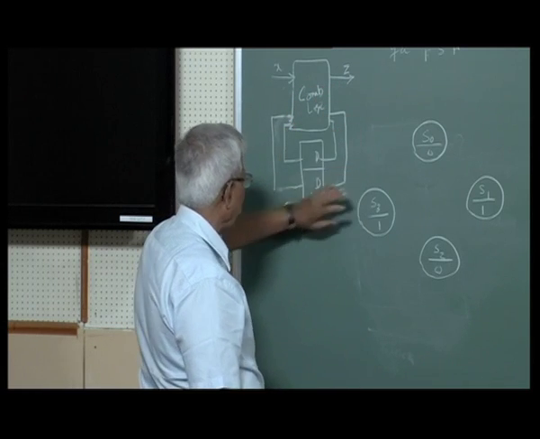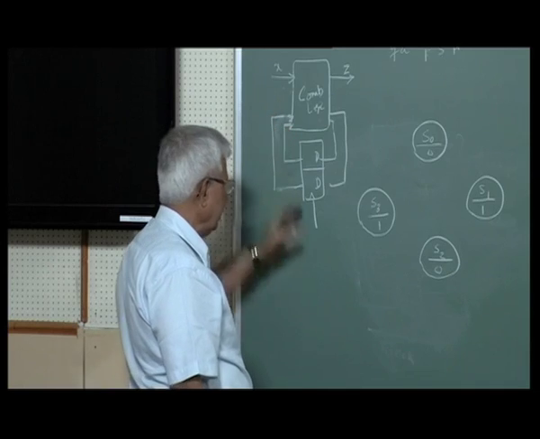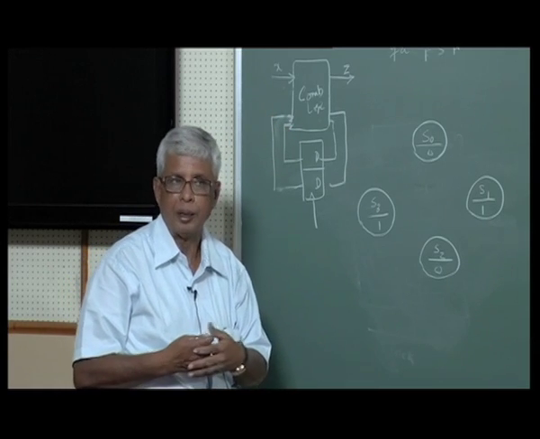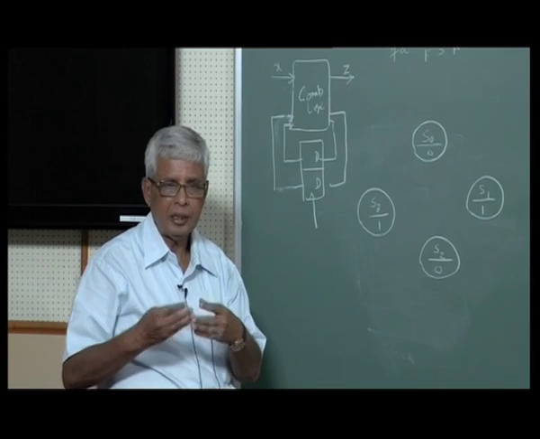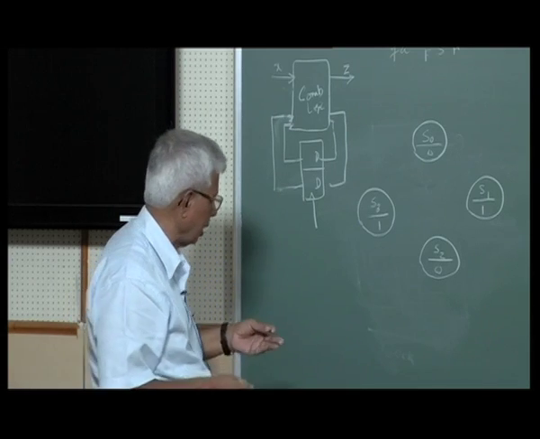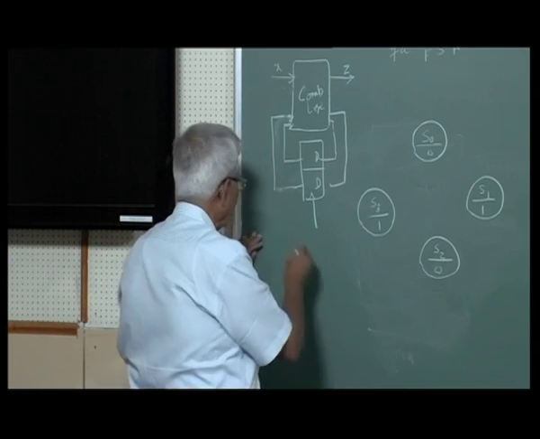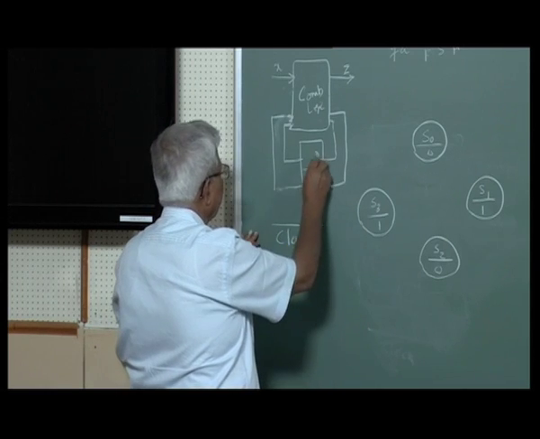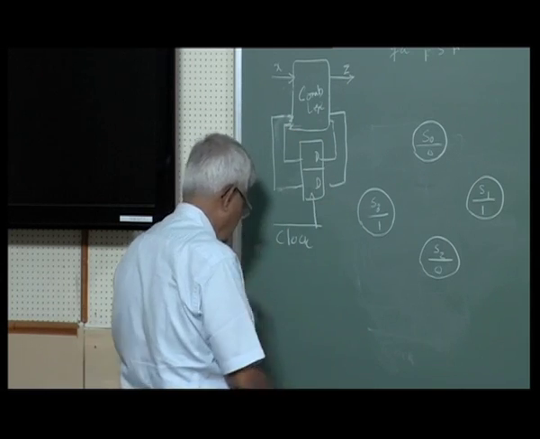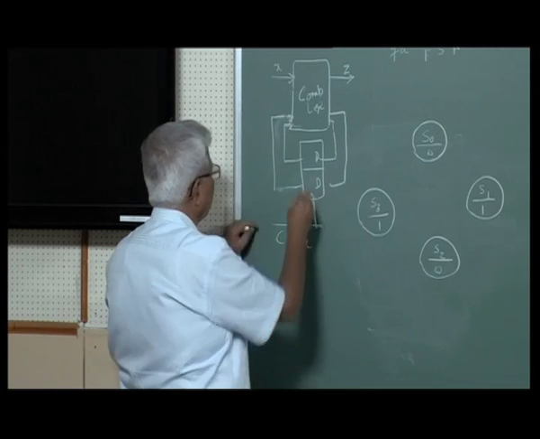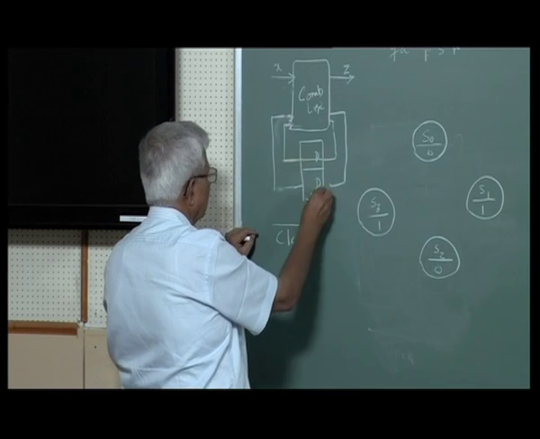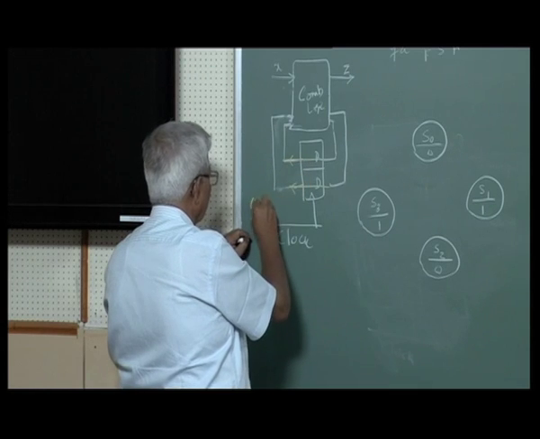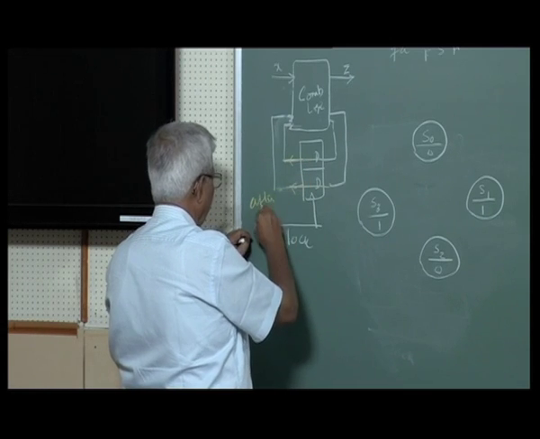This next state cannot become present state immediately, because then we would not have any idea what is happening. We want to have it after the next clock arrives. That is why it is held here, and when the clock comes, this is transmitted after the next clock.